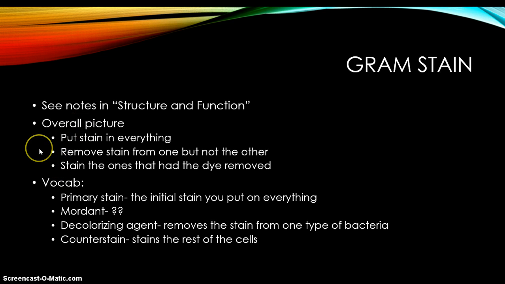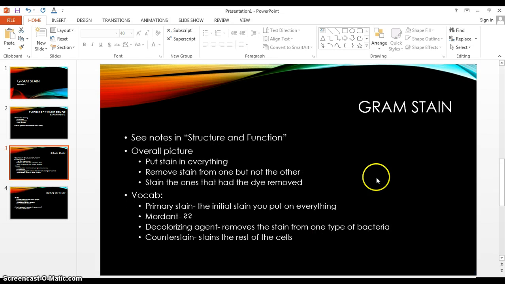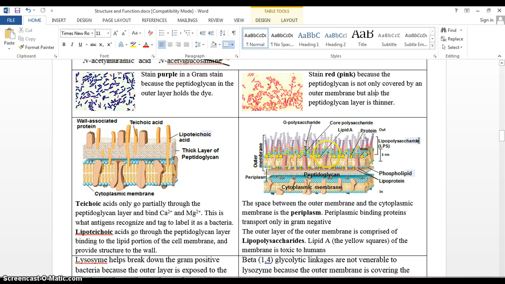The general overall picture is that you put stain on all cells, and then you remove the stain from one type of cell but not the other type, and then you stain the remaining cells so that one cell is one color and another cell is another color.